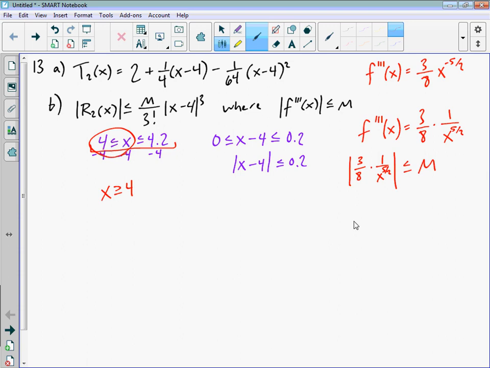So if I compare the 3 over 8 times 1 over x to the 5 halves, we'll fill in the blank here, and then we're going to have 3 over 8 times 1 over 4 to the 5 halves. And if x is the bigger one, and x is in the denominator, it's going to end up being the smaller piece there.